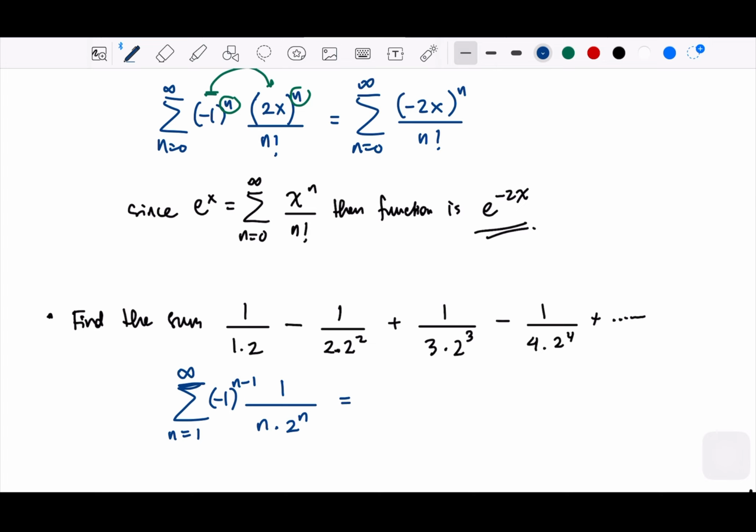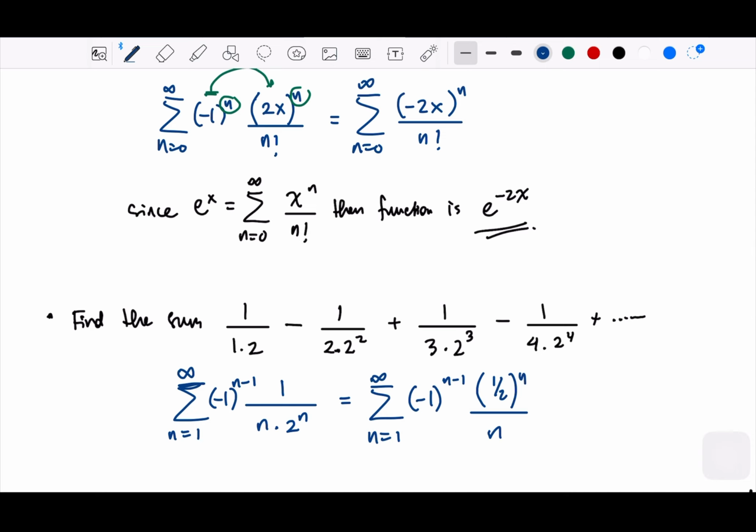And then further, we can write the sum as half to the power of n over n.